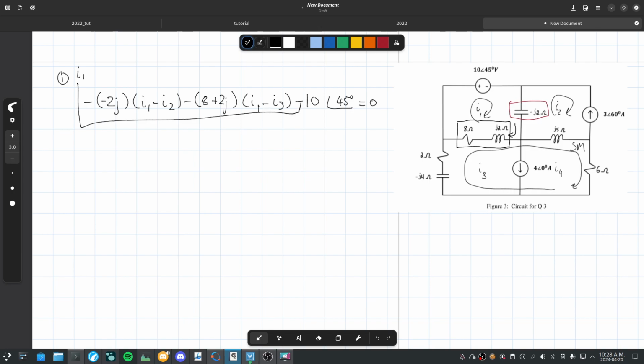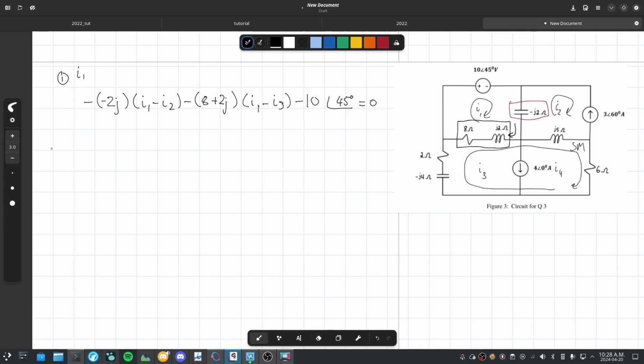And all of your impedances are going to be voltage drops. So that's our I1. Likewise, if this was the positive end and this was the negative end, the only thing that would change here is this sign. This would be plus, because you're coming out of the positive end now.